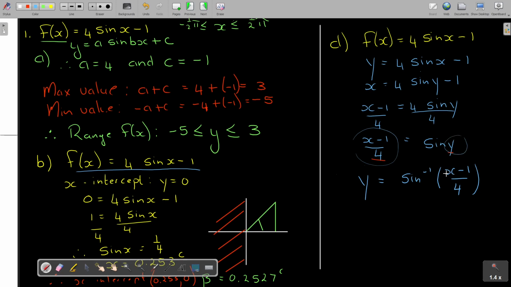Now I say, therefore, don't forget to write that: the inverse, x equals sin minus 1 of x plus 1 over 4.